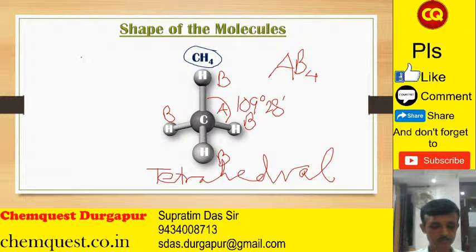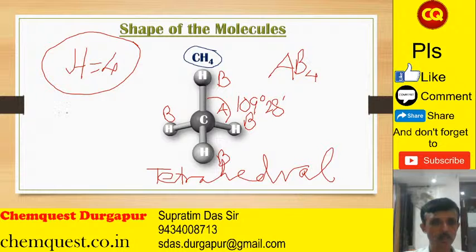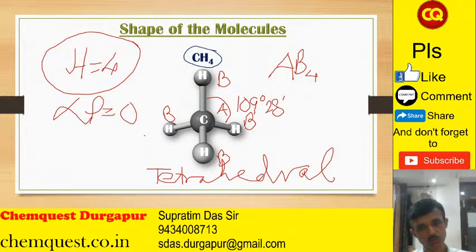AB4, steric number equal to 4, and without any lone pair, lone pair number equal to 0, in case of CH4.